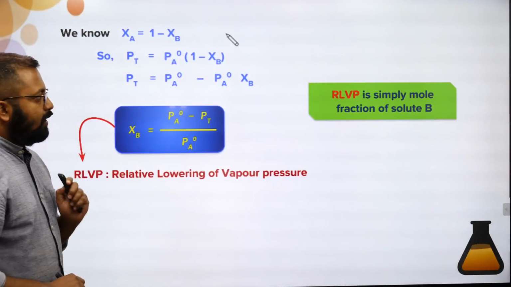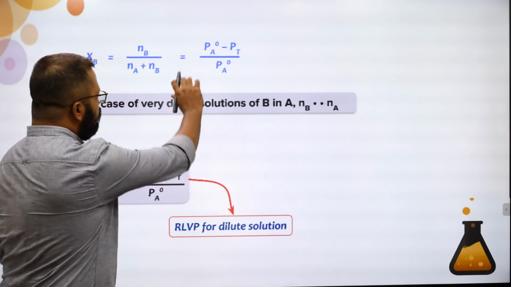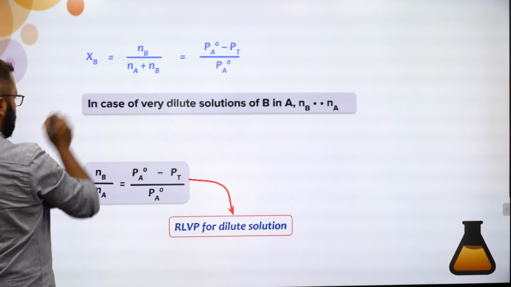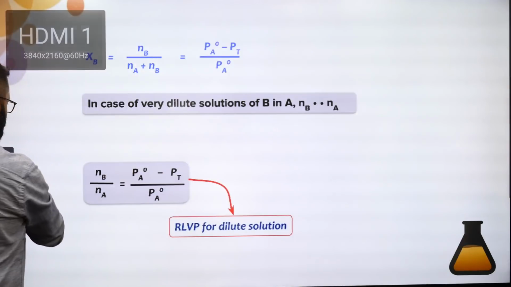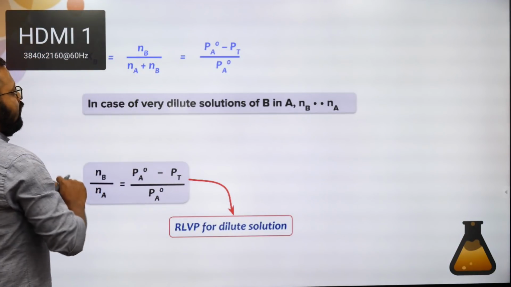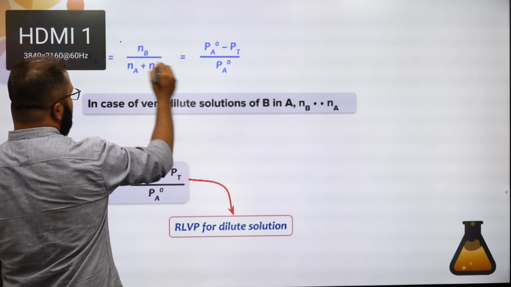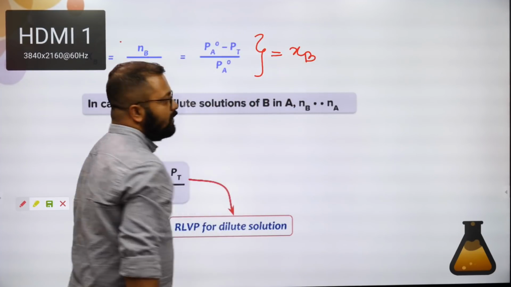So let's move forward. Suppose I want to expand this, how can I write it, if I know that this is equal to the mole fraction of the solute?